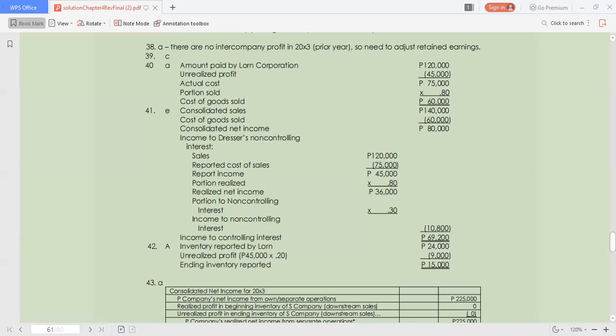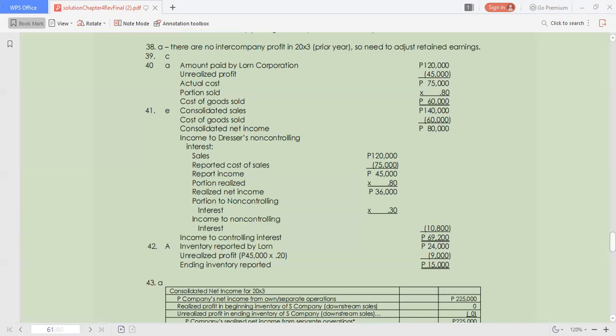So we have reported income of 45,000. 80% is the portion realized, so we now get 36,000, the realized net income.